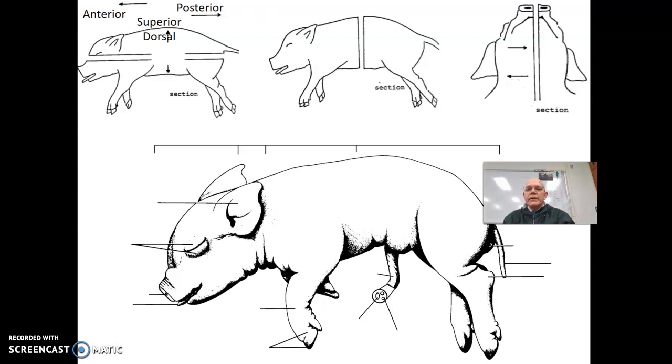Their superior is going to be toward the top of their body, which is the back here. So dorsal and superior are going to be the same direction. That means toward the bottom then is going to be the inferior and also going to be the ventral. Ventral meaning belly side. Okay, so dorsal, since they're on four legs, is the superior, and ventral is the inferior, or the bottom part.